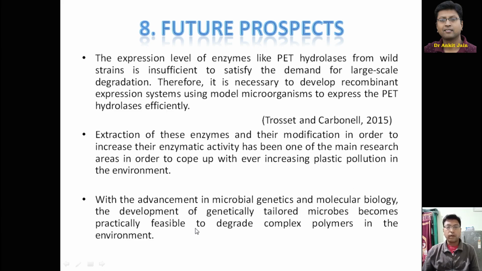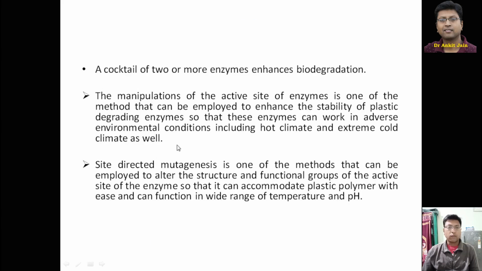With the advancement in microbial genetics and molecular biology, the development of genetically tailored microbes has become a practical feasibility to degrade the complex polymers in the environment. A cocktail of two or more enzymes enhances biodegradation.